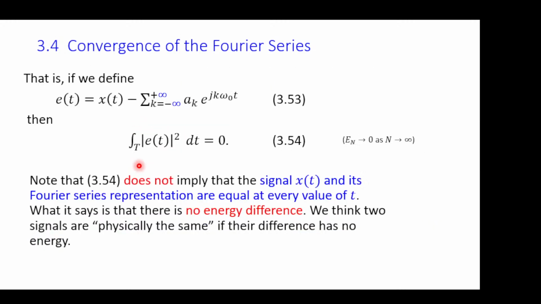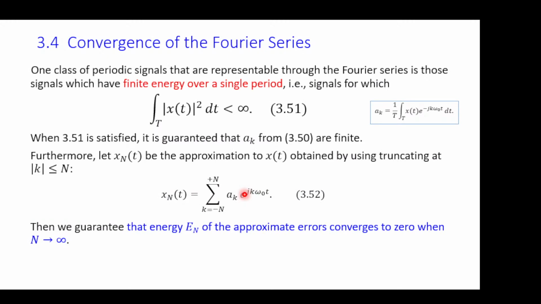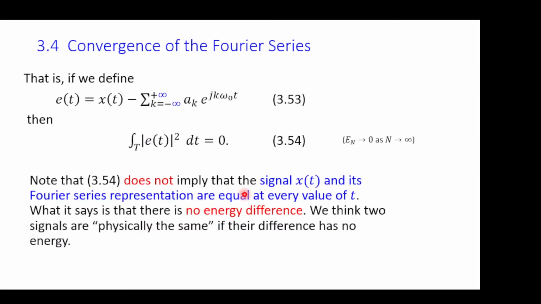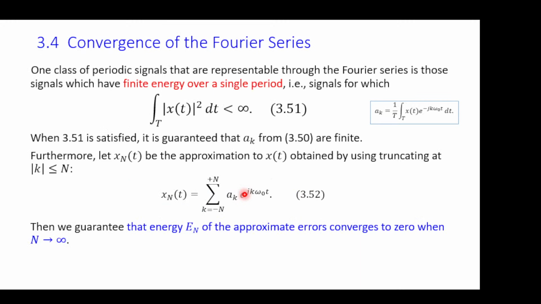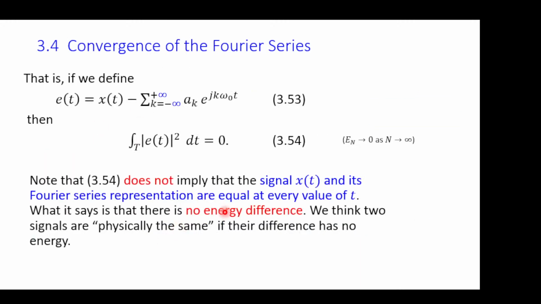Here is something that we want to stress: we are choosing a very particular condition for convergence. We are just saying this big E_n goes to 0. That's very different from what you might think about convergence.